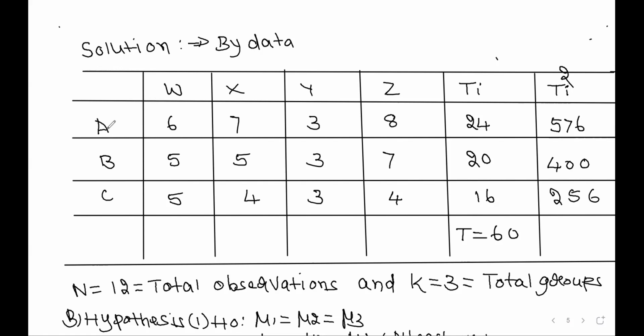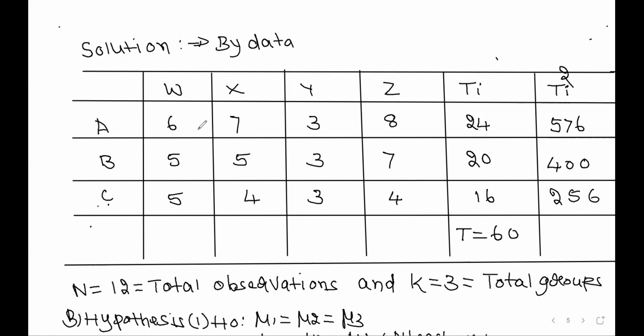You look at varieties. They have to find the significance of varieties, meaning A, B, C. Three seeds are there. These A, B, C you take in a horizontal way, and the plots you take in a vertical way.